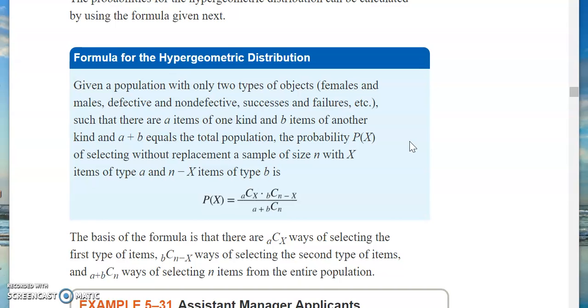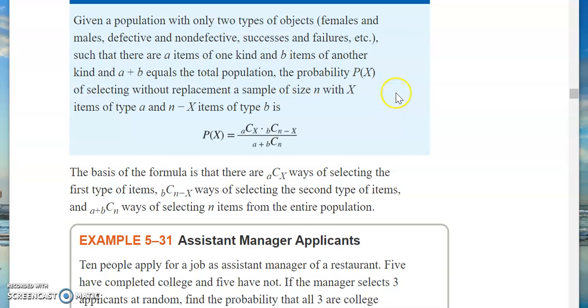But we're all grown-ups, we can handle this. So we're picking a sample of size n, and how many of type A do we have? We have X of type A. So there are X successes, and if there are X successes, there have got to be n minus X items of type B. That makes sense, right?